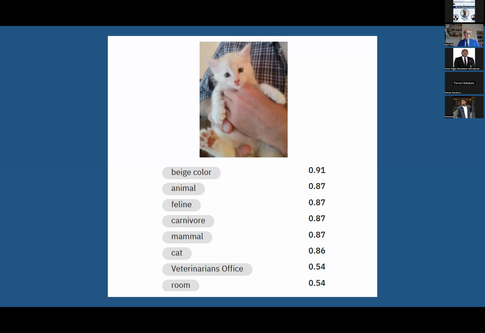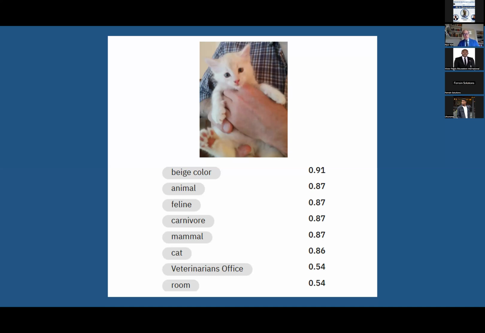So unfortunately, it's only at 54%, but it did find some idea of that this could be a veterinarian holding a cat based on the research it had and the images it had involving cats and veterinarians.